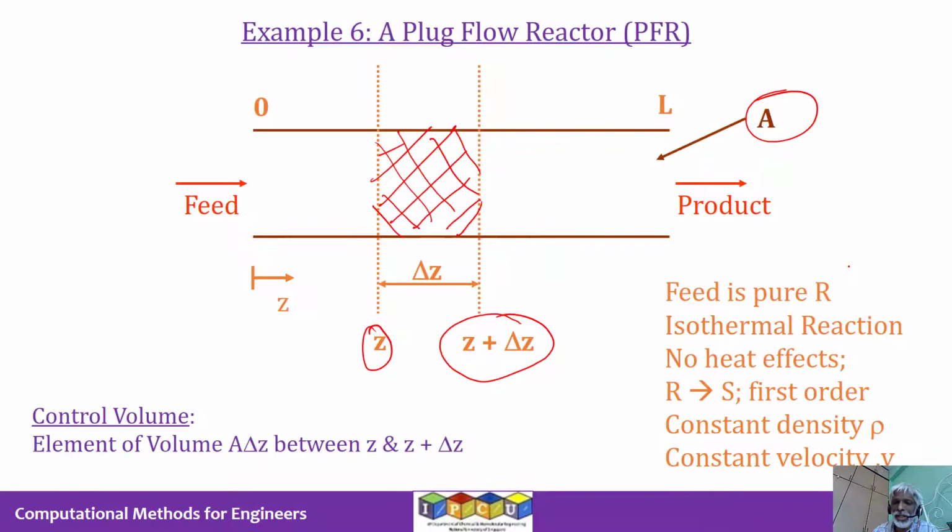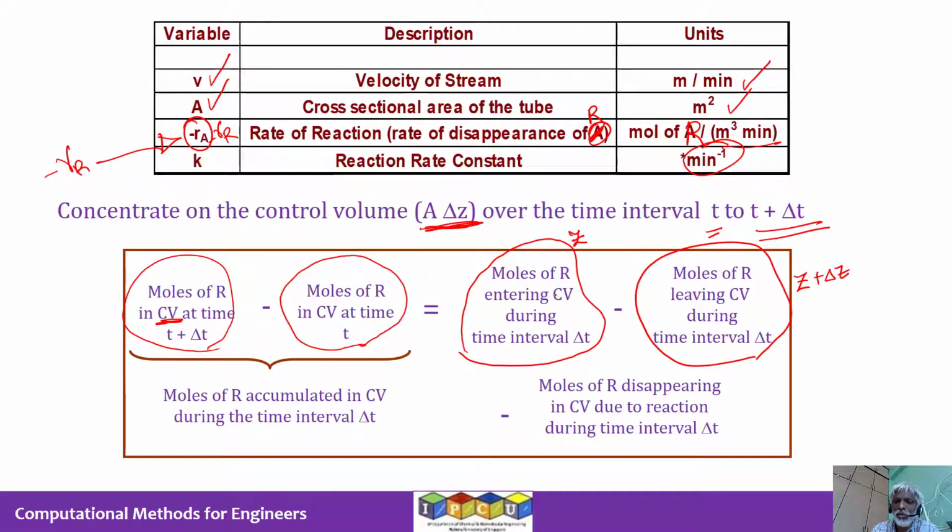So if you take a look at this control volume, the feed enters here, right? For this control volume, here is where things enter, so it is at z. Where it leaves the control volume is at z plus delta z. So that is why I'm saying moles of R entering the control volume during time interval delta t happens at position z.